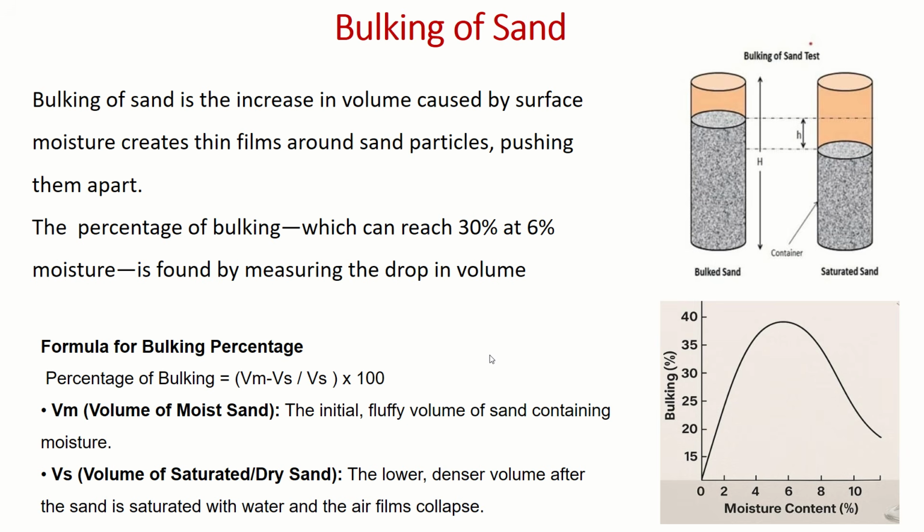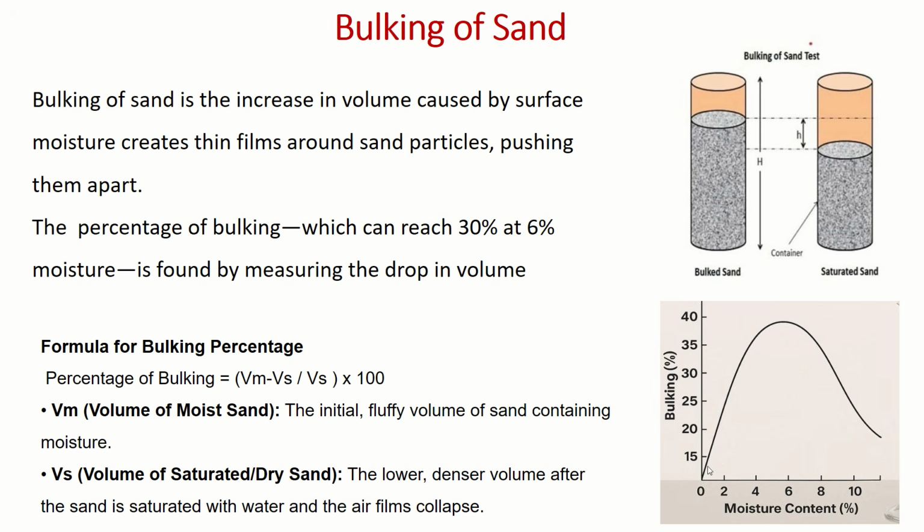In the laboratory, how we have conducted this experiment, initially we have taken 500 to 600 gram of sample. We have added 2% moisture, 4%, 6%, 8%, and every time we have filled that sample into the cylinder, and we have noticed the increase in volume.